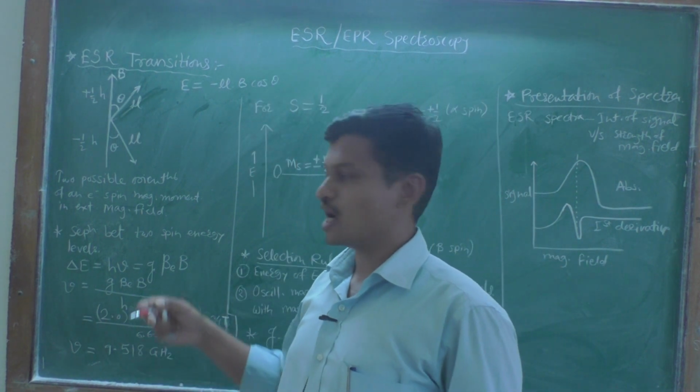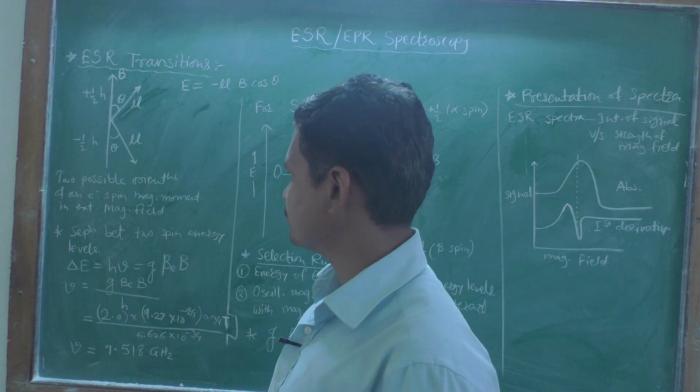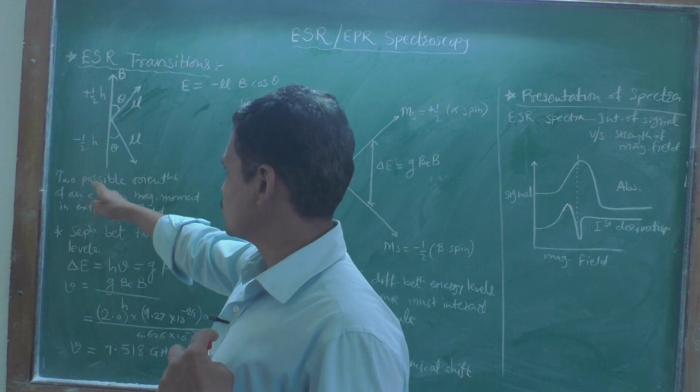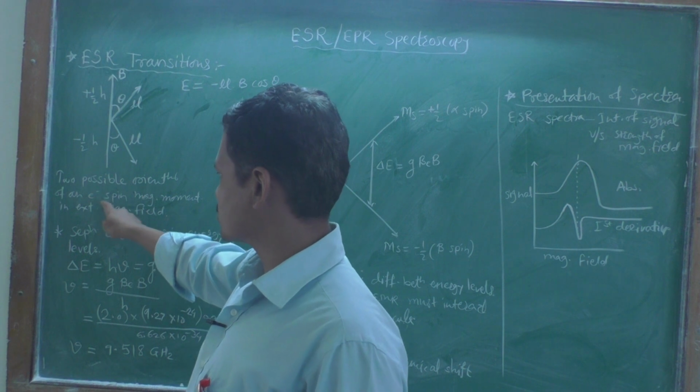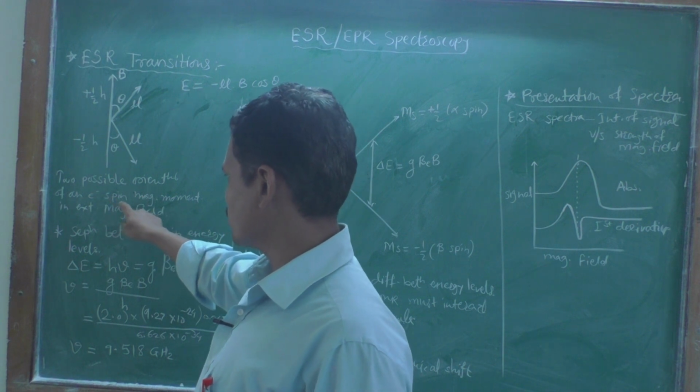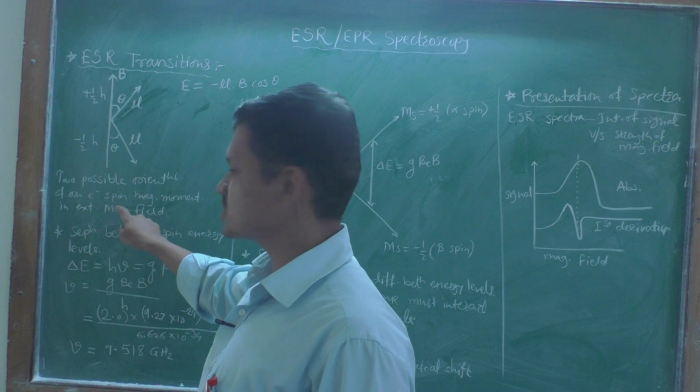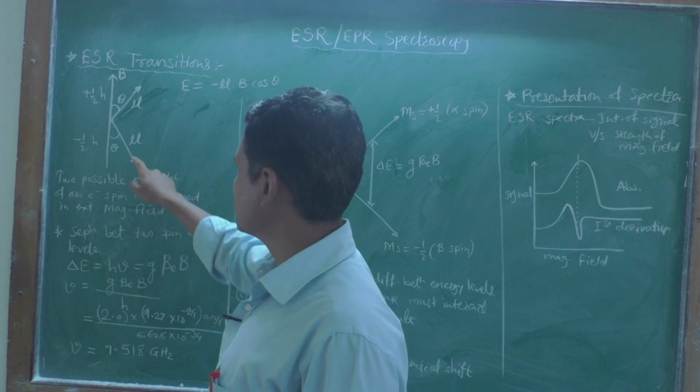These two possibilities are depicted in this figure, the two possible orientations of an electron spin magnetic moment in the external applied magnetic field.